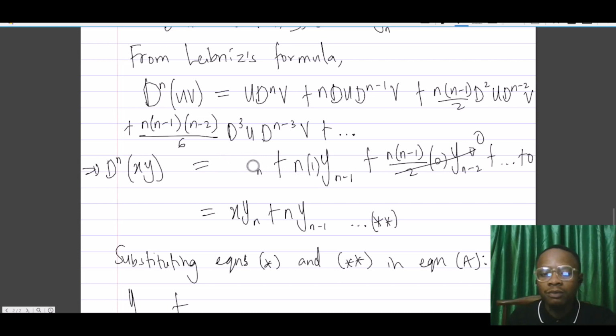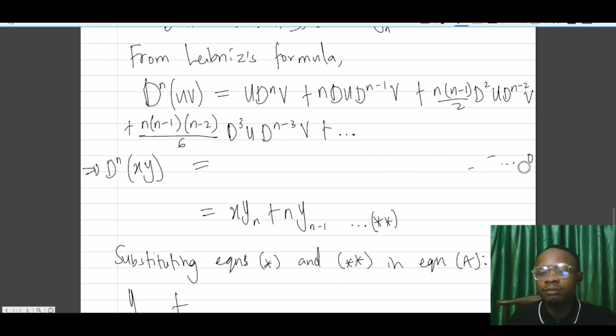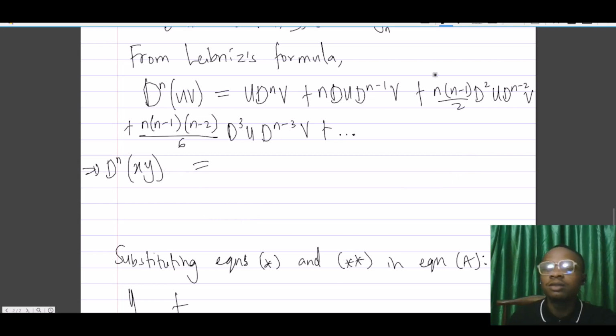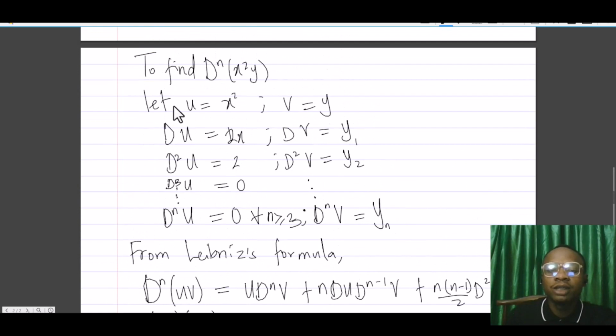So we need to just wipe off everything here and write it from the beginning. So wipe this off. So this is x squared y. This is the nth derivative of x squared y, and this will be equal to u. Okay, so our u is x squared, not x.